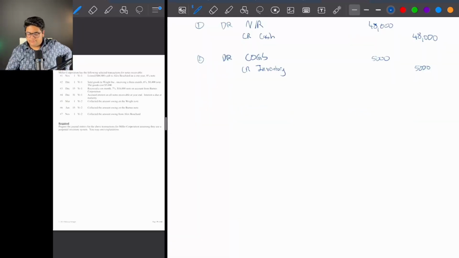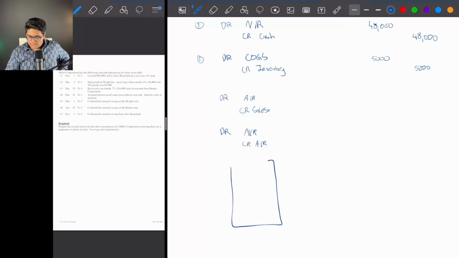Okay, so the second part of this entry, we sold them goods. We needed to receive money. They're not going to pay us back yet. They're going to pay us back later. So we need to collect money from them, which is going to be debit accounts receivable. Now, this isn't actually the entry. I'm just going to do what originally would have happened. Originally, we would have increased our accounts receivable and credited sales, right? Because we sold the goods. However, instead of the accounts receivable, we gave them a note instead. So what we ended up doing is, instead of accounts receivable, we debited our notes receivable, and we credited our accounts receivable, right?